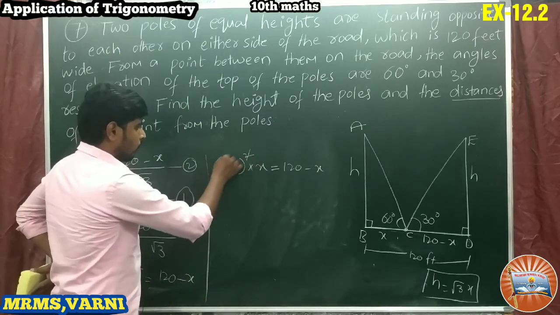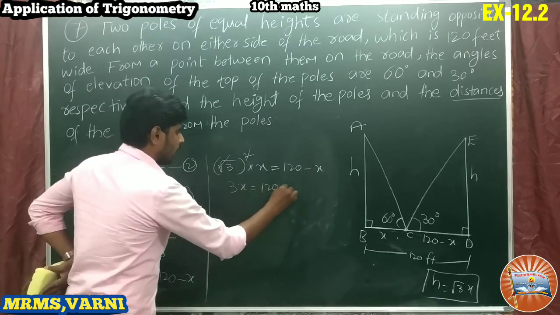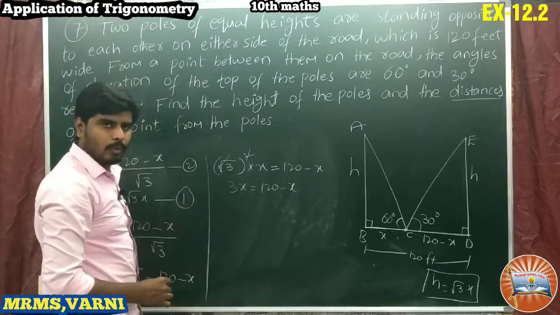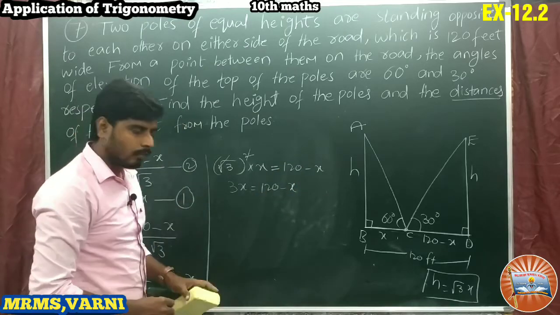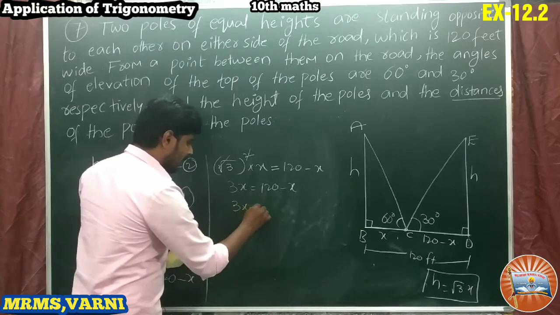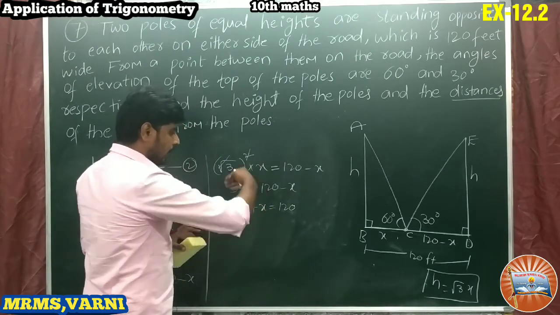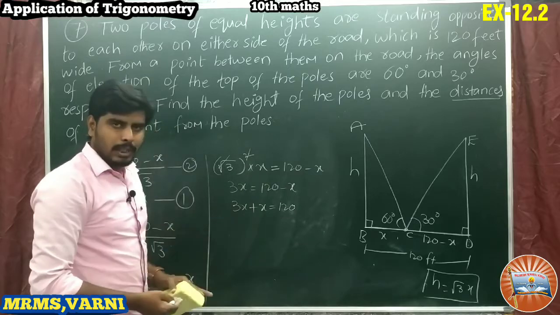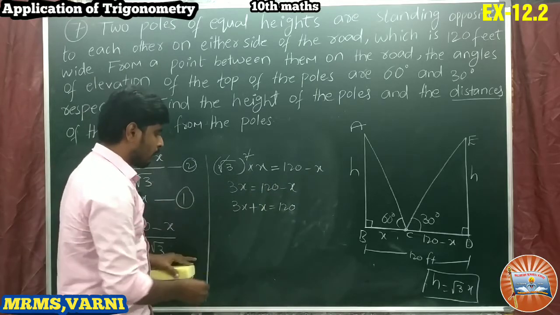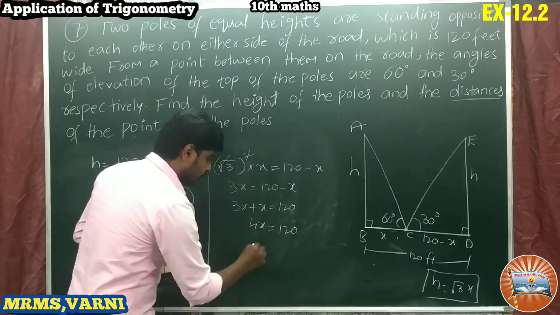So root 3X into root 3 is nothing but root 3 whole square into X, so here the square root gets cancelled. 3 into X, 3X is equal to 120 minus X. Okay, is it clear? Right. So bring this X to the LHS side. If this X comes to the LHS side, minus X becomes plus X. So 3X plus X, 4X is equal to 120.